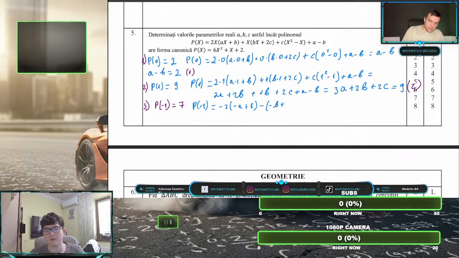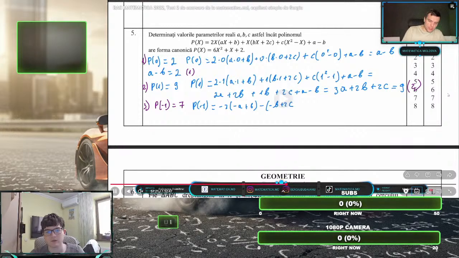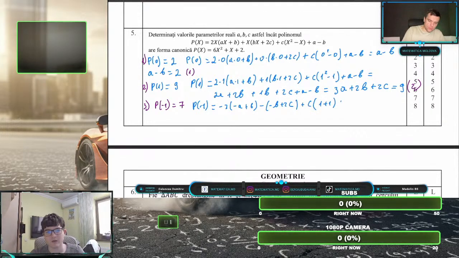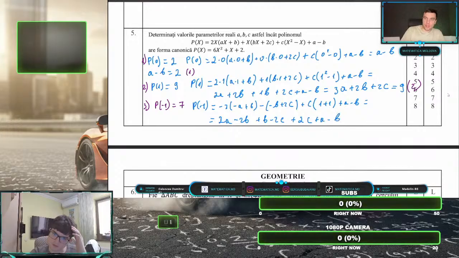And I'm gonna get the third set. P of minus 1. Boom this, boom that. It's gonna be minus right there. Minus, minus. So got 2a minus 2b. Plus b minus 2c plus 2c. Plus a minus b. Excellent.